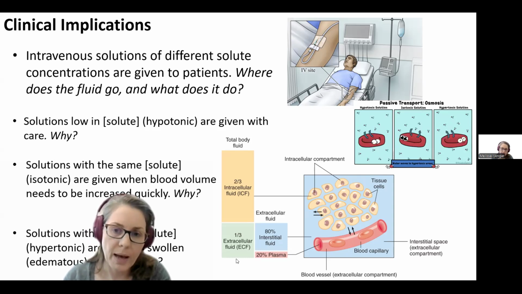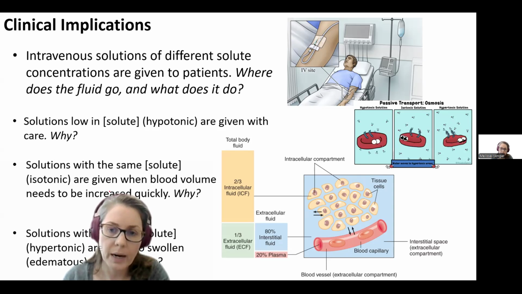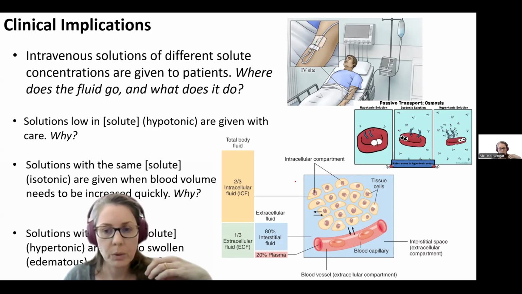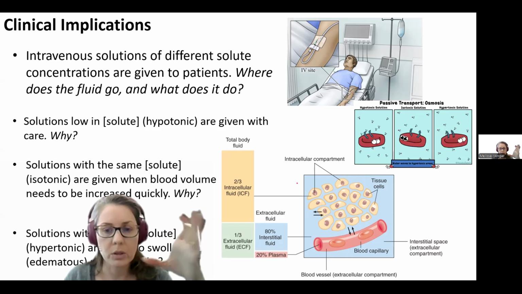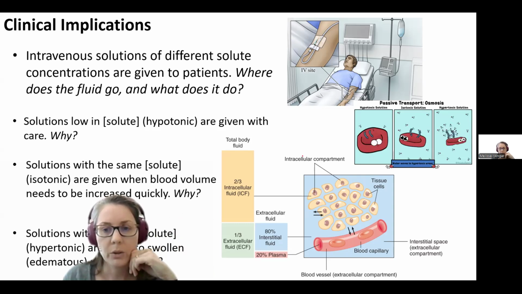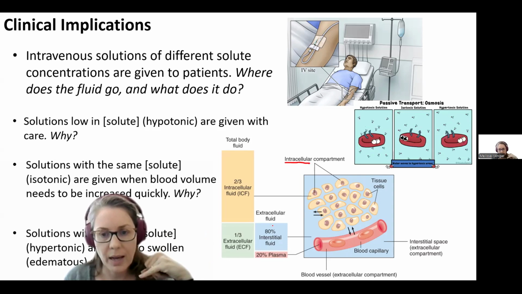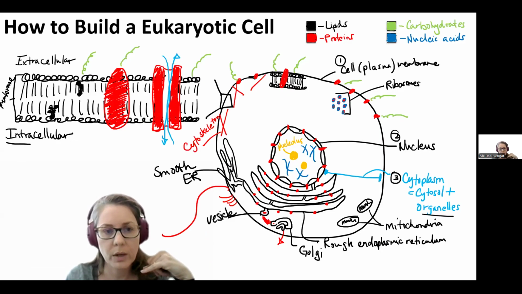So here's my little map of the different areas inside of the human body when we look at going from cells to a tissue layer. You can see we have our intracellular compartment and our extracellular compartment, no different than what I wrote right here.